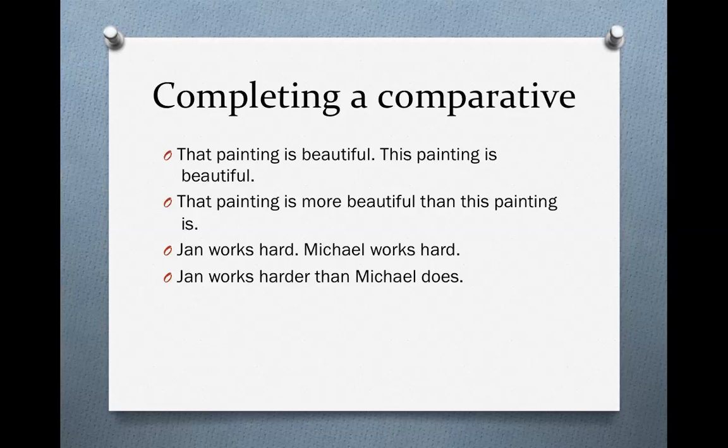So the verb in this sentence is works, so we add does, because it's an action verb. So sometimes when we have a comparative, the second item that we're comparing, we will add a verb to the end of it. And you have to decide if it's be or do. Those are your options.